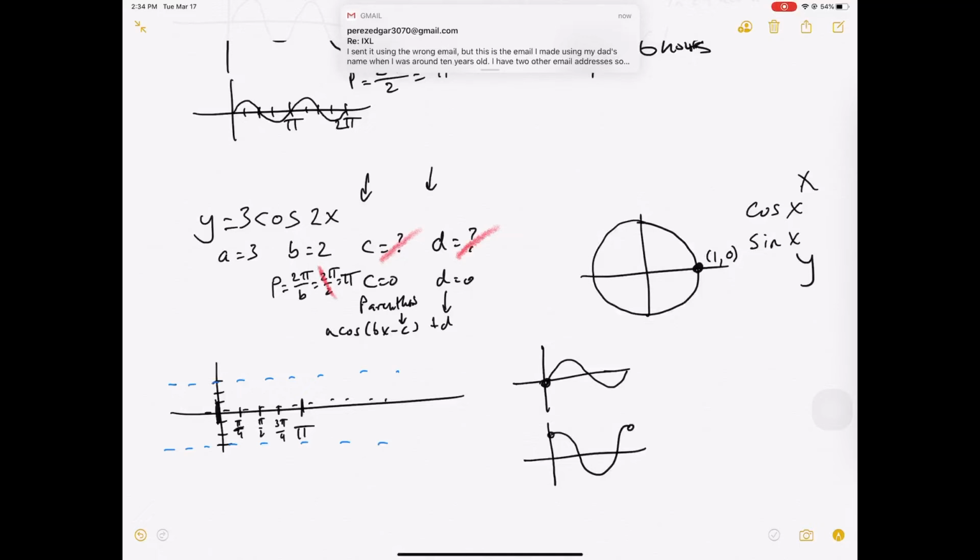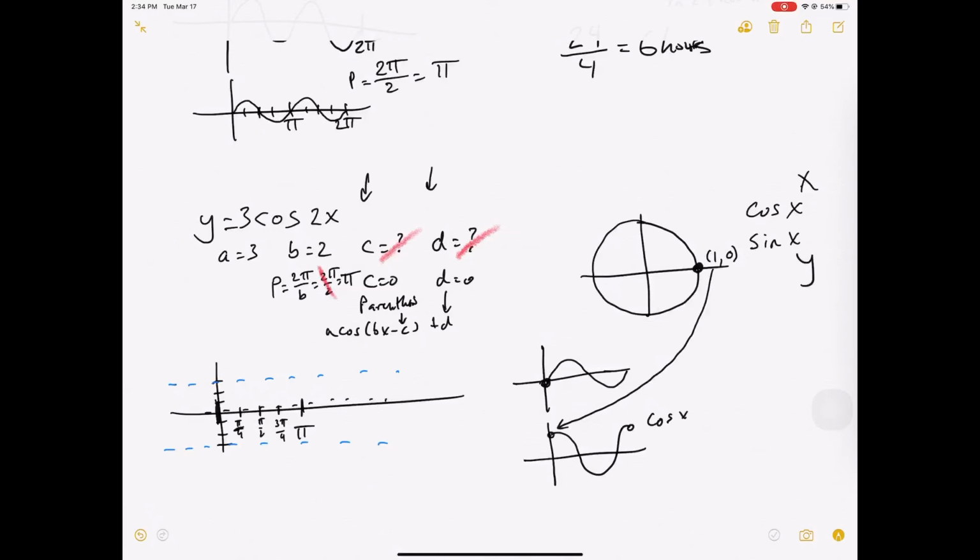Let's take a look here. The x value is 1 for cosine, and the sine graph, when x is 0, the y value is 0.